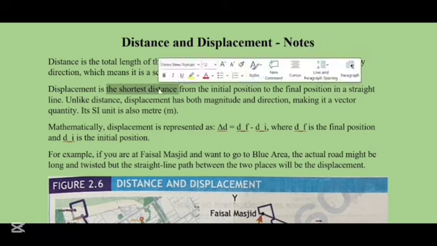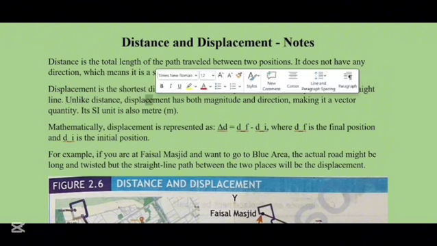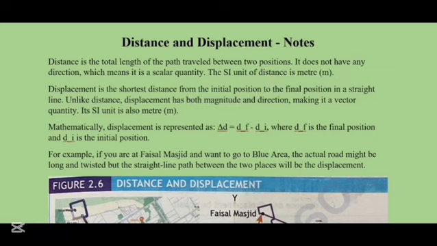Displacement is the shortest distance from the initial position to the final position in a straight line. Unlike distance, displacement has both magnitude and direction, while distance only has magnitude, which makes displacement a vector quantity. The SI unit of displacement is also meter, denoted by m.